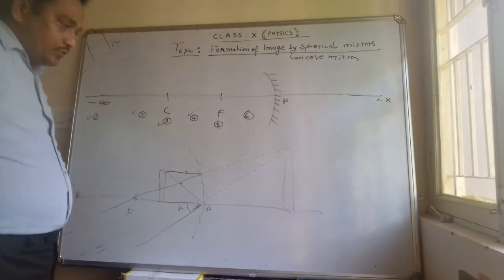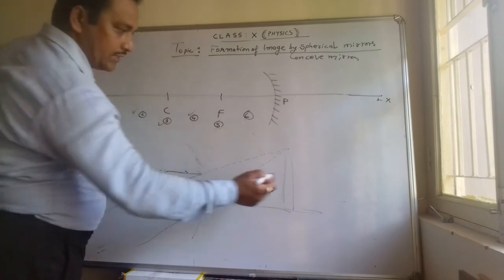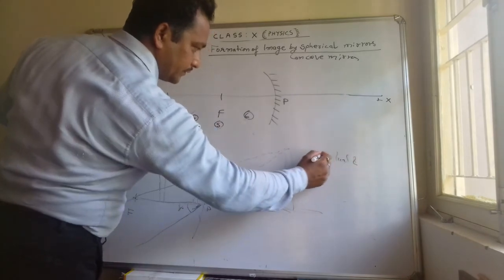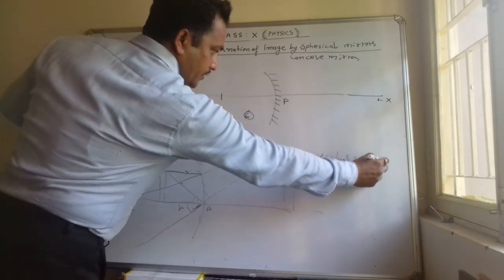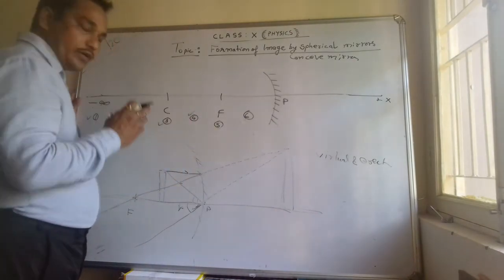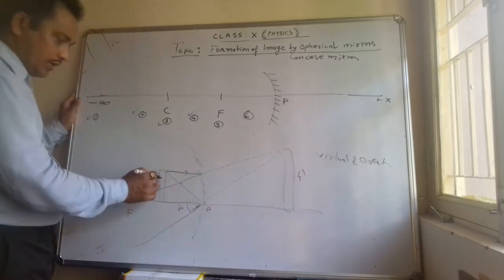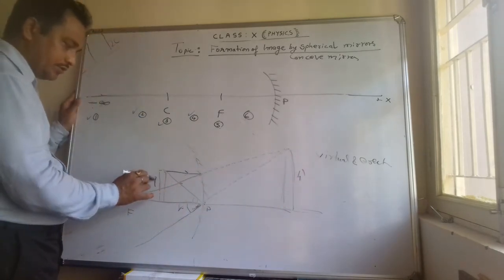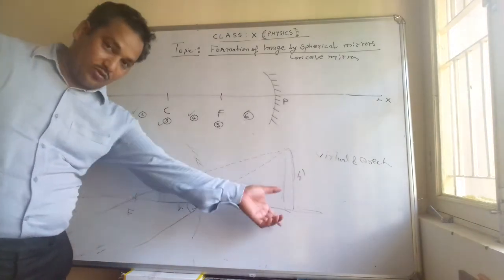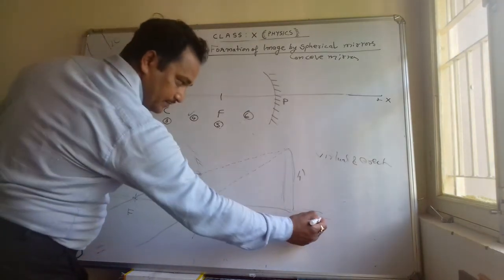Okay, so here the image is formed behind the mirror and it is virtual and erect. Virtual and erect image will be formed in this case only, and in all other cases it was inverted and real. So this is the height of the image h dash, and this was the object h, and the distance of the image here, as it is on the right hand side, New Cartesian sign convention, you are aware that it is positive x-axis.